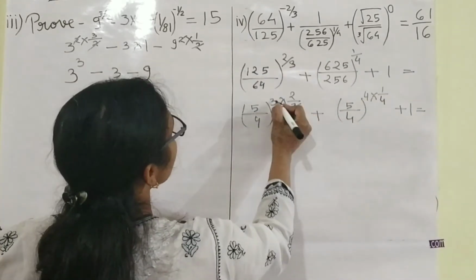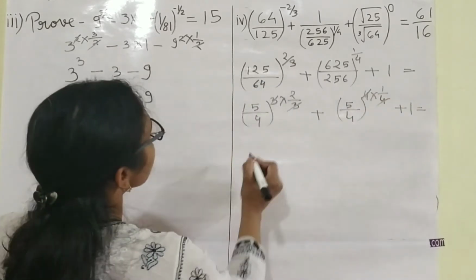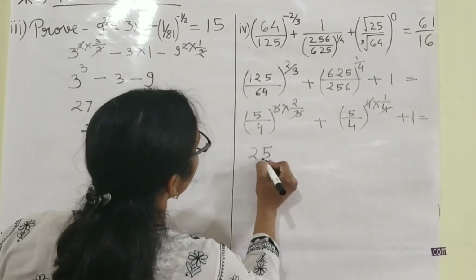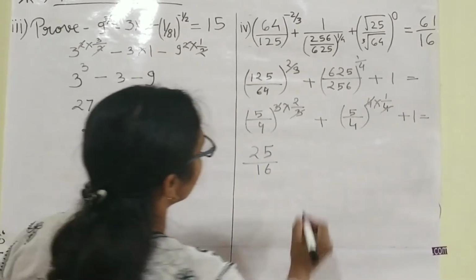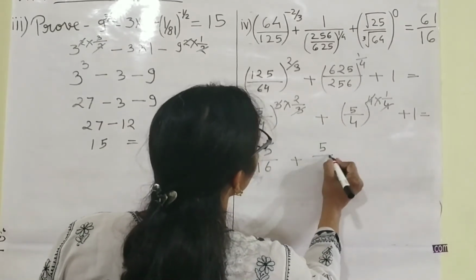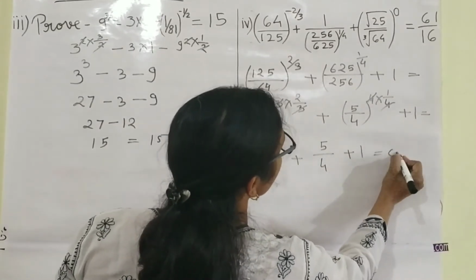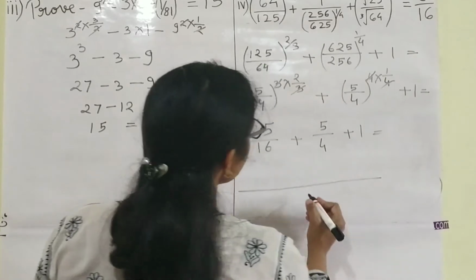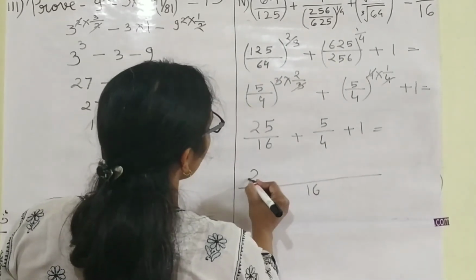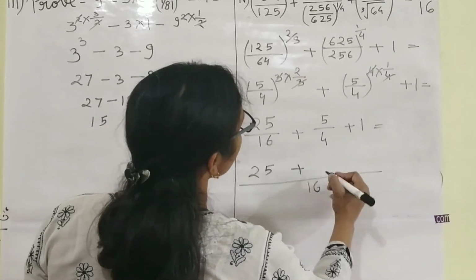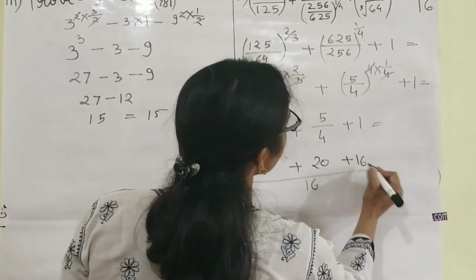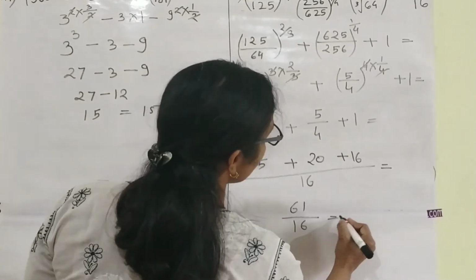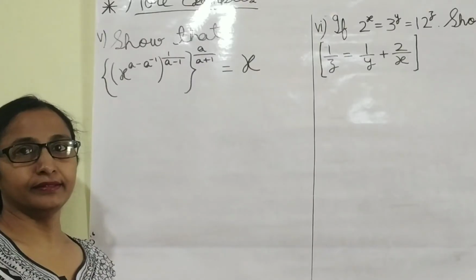So 5 upon 4 power 2 means 25 upon 16 plus 5 upon 4 plus 1. Oh, sorry, it is 61 upon 16. Now 16, 25 plus 20 plus 16, so it will become 61 upon 16. 61 upon 16, we have proved it.